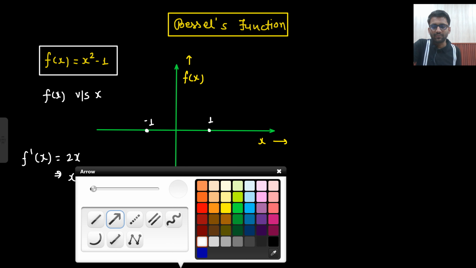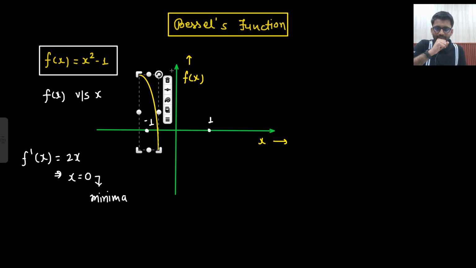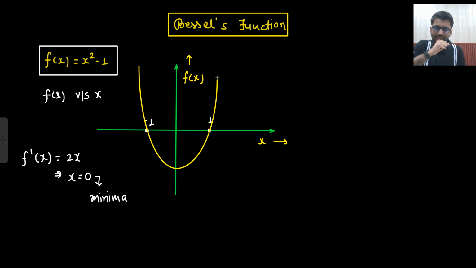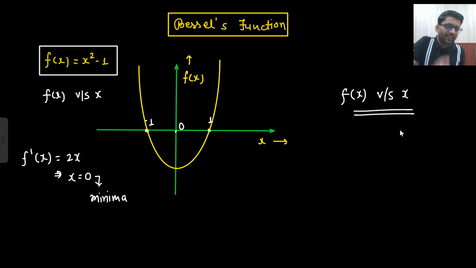So the graph will be something like this. Any function of x, you can plot f(x) versus x any day. There is also a term defined, zeros of f(x).